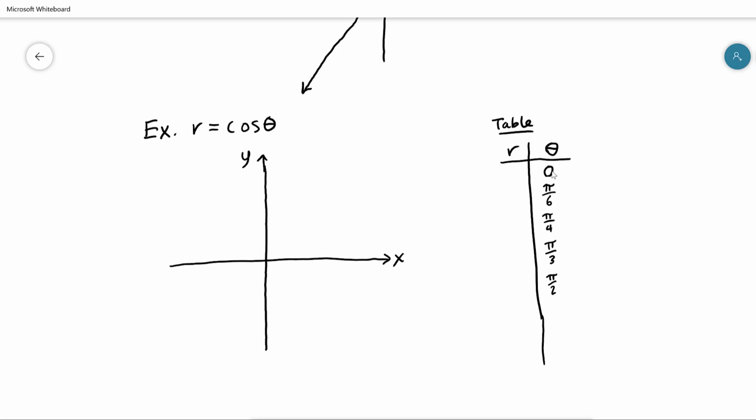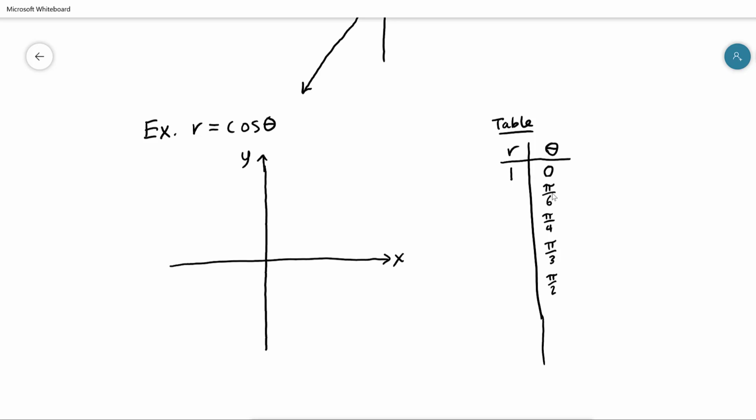So when I plug in theta equals 0, so the cosine of 0, what is the cosine of 0? Again, just memorized from our unit circle, cosine of 0 is 1. And then if we go to plug in pi over 6, what is cosine of pi over 6?